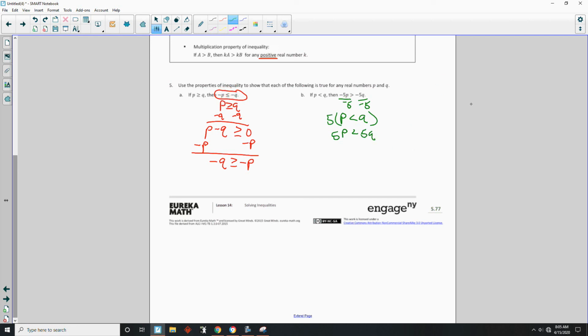Okay? Now I'm going to subtract 5p from both sides. I want to get a negative 5p on this side. So if I subtract 5p from both sides, I get 0 is less than 5q minus 5p. And then if I subtract 5q on both sides, I get negative 5q is less than negative 5p.